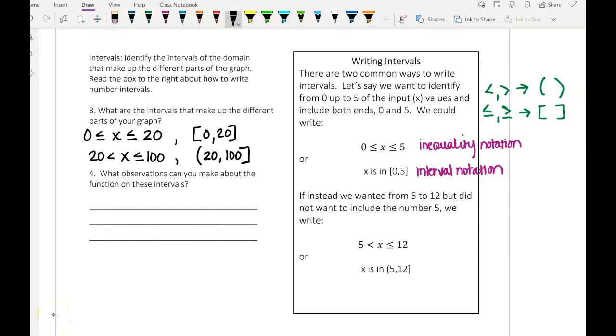So what are the observations about those intervals we just talked about? We actually marked it on the graph. What is the significance of the interval from 0 to 20? What is that interval? What does that represent on the graph?